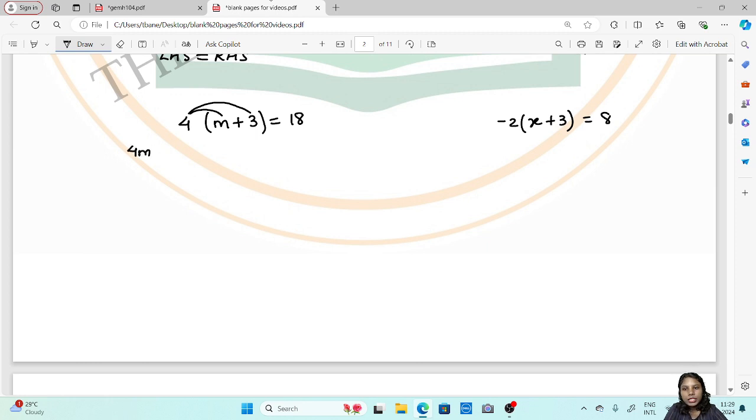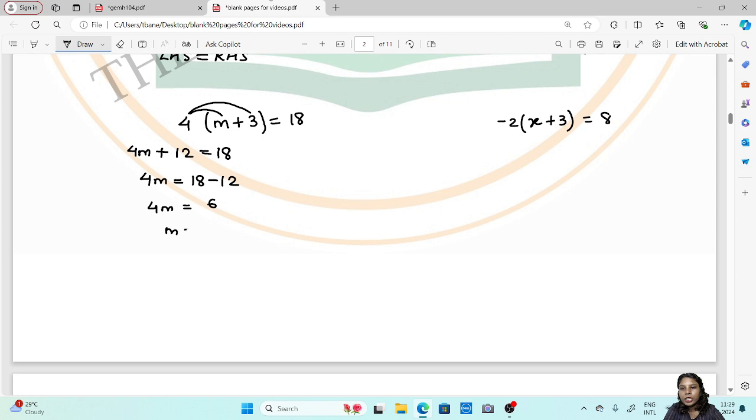Then this sign remains as it is, so it will be plus, and 4 multiplied by 3 is 12. And then we have 18. Now we transpose this 12. So 4m equals 18, and this, if you take to the other side, will become minus 12. So 4m equals 18 minus 12, which is 6.